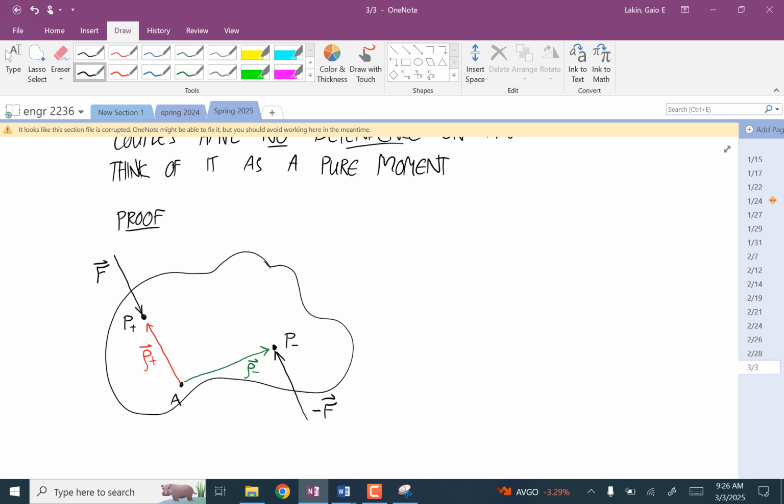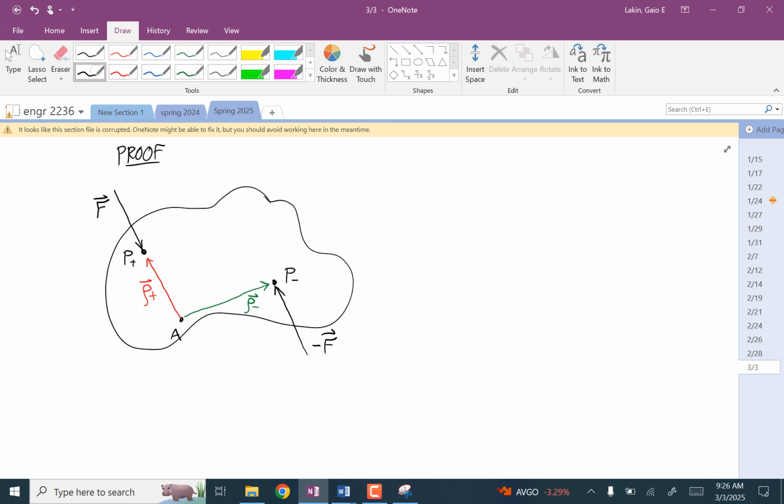And now I'm going to calculate the moment. So the total moment about A, because we still have that dependence on the about point we chose, is equal to rho plus crossed with F, and then plus the moment rho minus crossed with negative F. Okay?